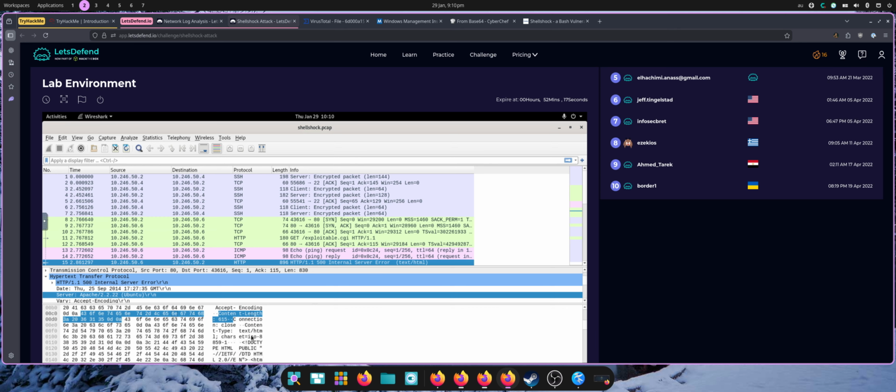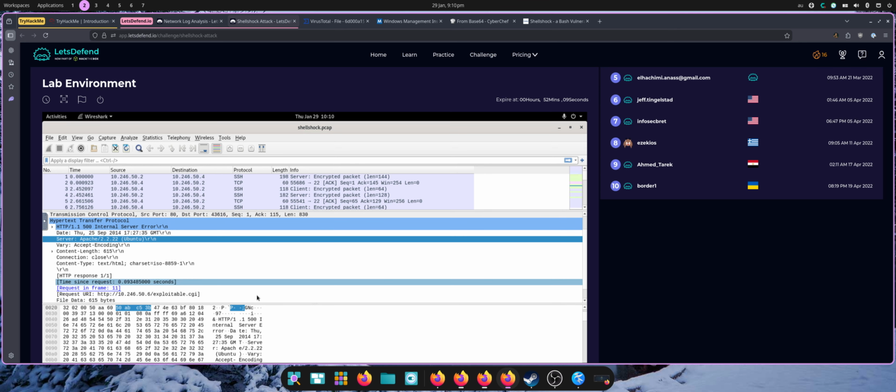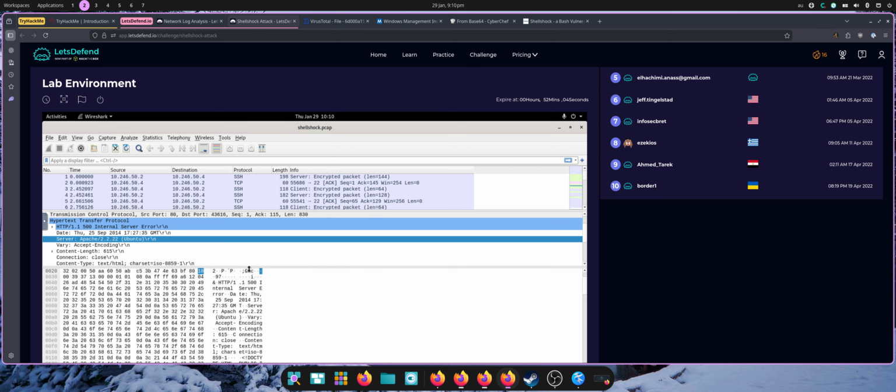So our first question was, what is the server operating system? Let me just make this a little bigger so it's easier to see. Okay, so that's what we're looking for: server Apache and Ubuntu. So the answer to our first question is Ubuntu.